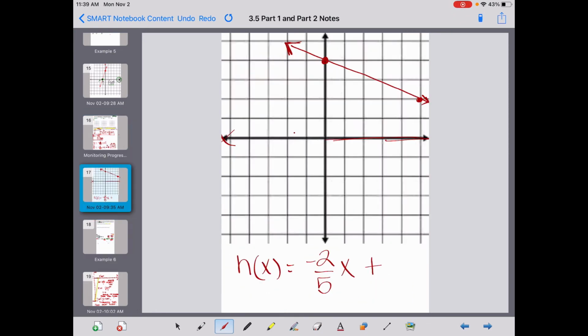Oops. So when I graph it, I start at (0, 4). I go down 2, right 5. And like I said, it didn't fit to keep going on my graph. It might on yours. And we want to use the symbol that they use for the function. And I think that is it.